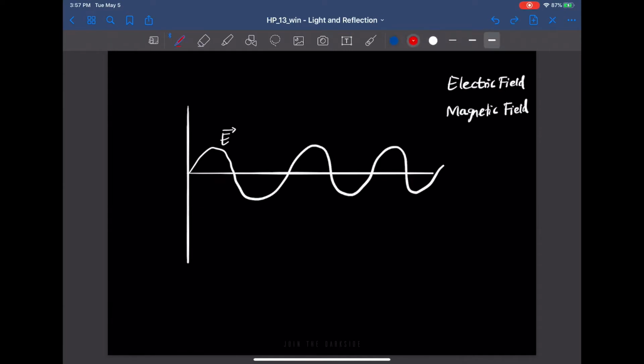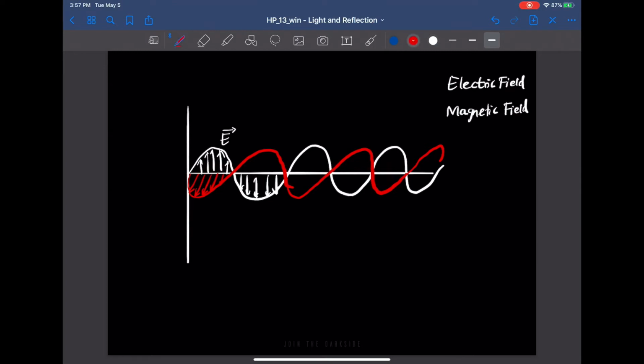So if the electric field goes upward, the magnetic field is perpendicular to the actual light wave.